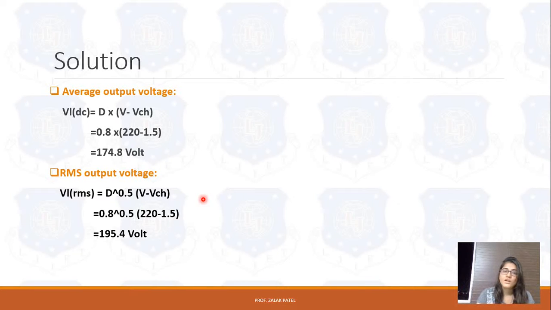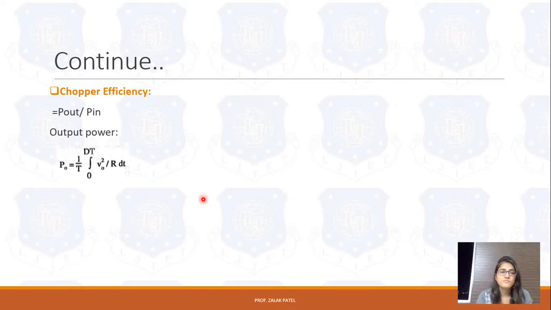Now let's calculate the third one, the chopper efficiency. For the chopper efficiency you need the output power and input power, because the chopper efficiency is the ratio of output power and input power. So let's calculate the output power first. Output power is 1 upon T integral of V square upon R dt. Why V square upon R?